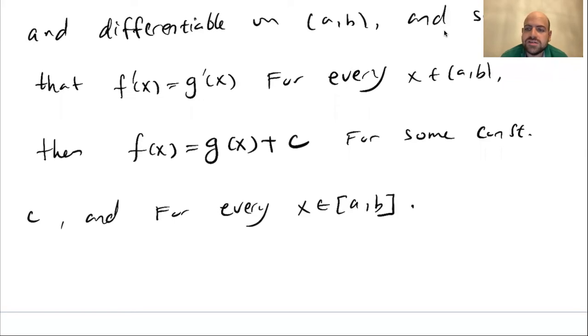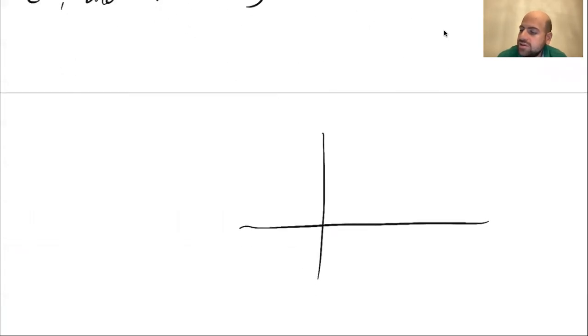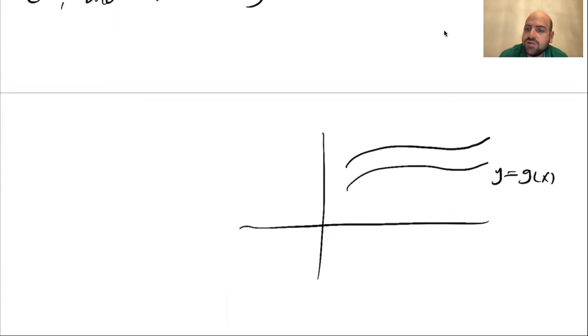Or any other function, sine x and sine x plus one. Sine x plus one can be obtained by a vertical shift of sine x. So if this is my g of x, then if the derivatives of f and g are always equal, f of x must be a vertical shift of g, and the amount of this shift is c.